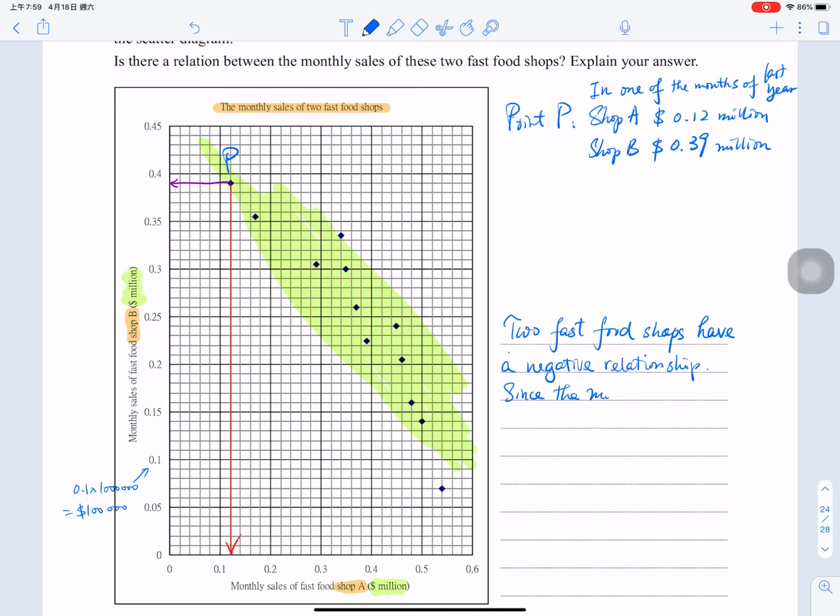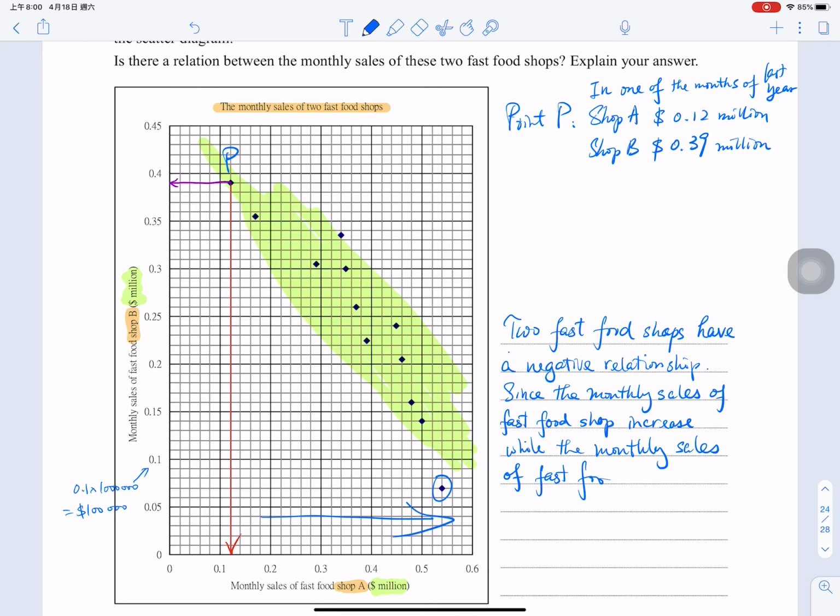You can see that since the monthly sales of fast food shop A increase, maybe up to this point, then you see that while the other one, that means the monthly sales of fast food shop B, decrease. That's why we have this negative relationship. Okay? Understand?